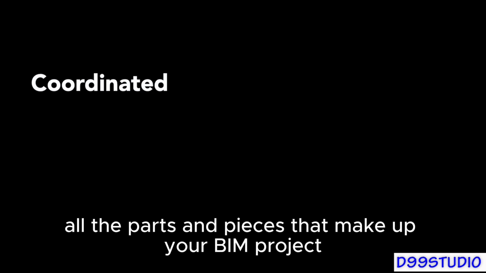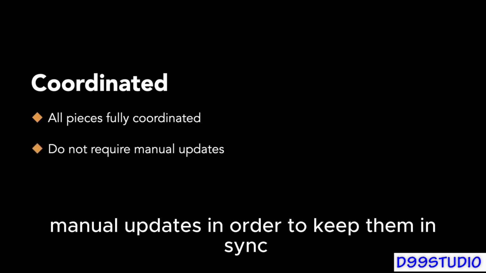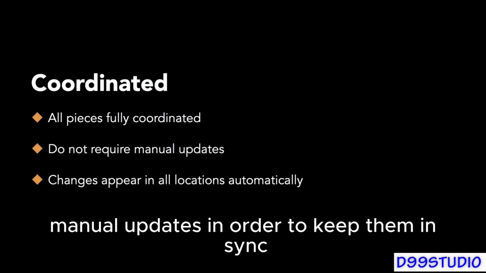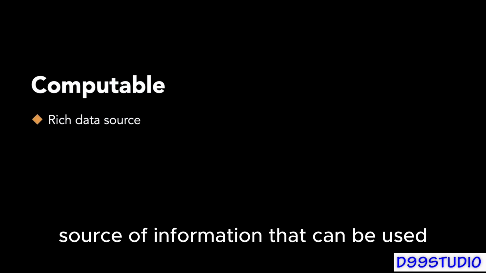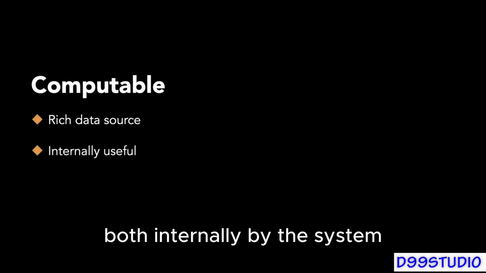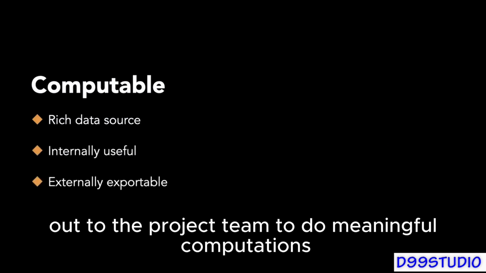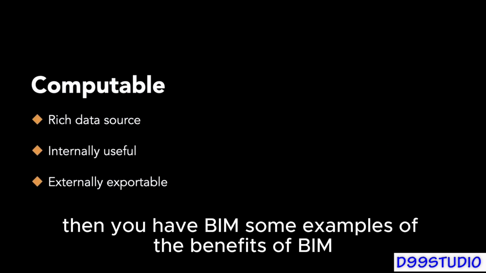If all the parts and pieces that make up your BIM project are fully coordinated with one another and don't require any manual updates in order to keep them in sync, and if you have a robust and rich data source of information that can be used both internally by the system and exported out to the project team to do meaningful computations, then you have BIM.